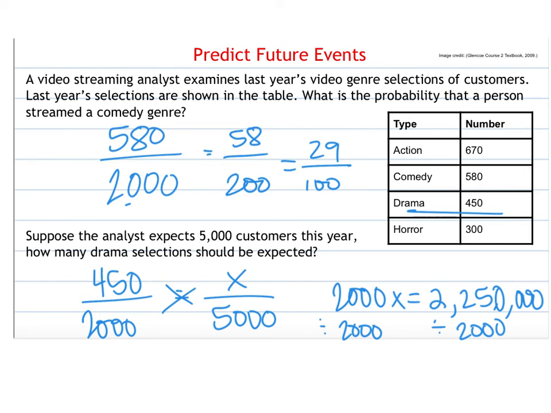There we go. My division was off there for a second, so x equals 1,125. So that means that they should expect that many drama selections. Okay. So if they're asking you to figure out for the future, you can just set up a proportion for however many they're asking about and solve it that way.